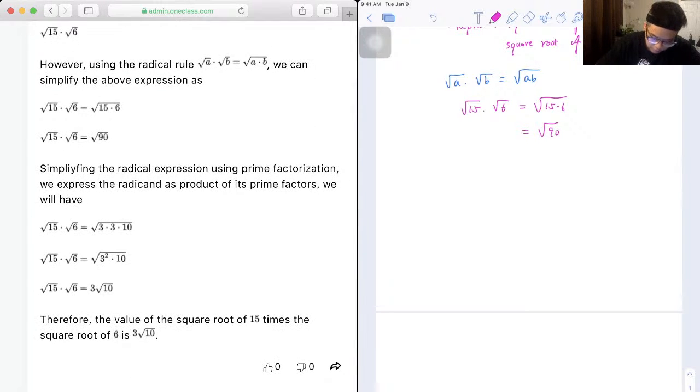So our next step, we need to simplify the radical expression using prime factorization.